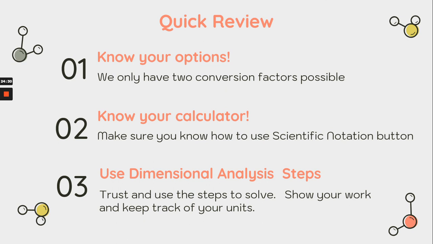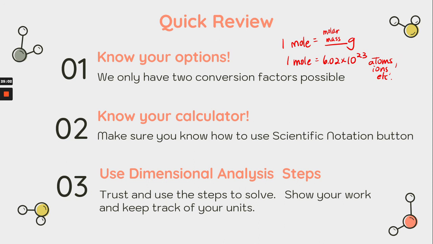Okay, so before you jump in, let me just remind you that what you need to do is know what your options are, right? We only have 2 things we're allowed to do now. We are allowed to put 1 mole with the molar mass from the periodic table. And we are allowed to put 1 mole with Avogadro's number worth of particles, atoms, molecules, formula units, ions, etc., right?